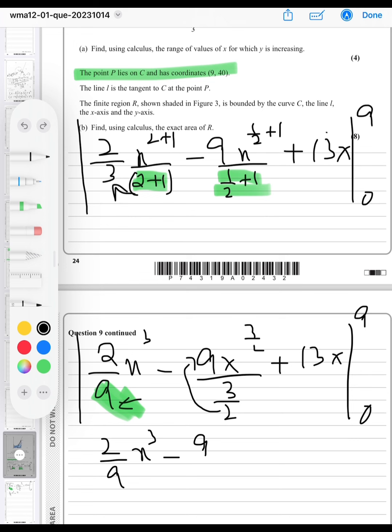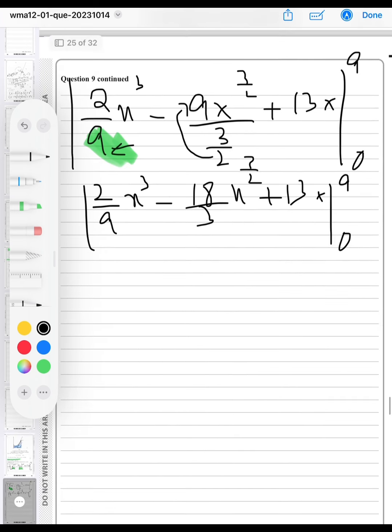So it will then be multiplied with this, so 9 2s are 18 upon 3, and then 13x, between 9 and 0. So now we will apply 9 over this. We'll put a 9 in the whole of this, and then we'll put a 0 in the whole of this. By putting a 0 here, here and here, we will get a 0, because 0 will be multiplied with everything, so it will turn them to 0.